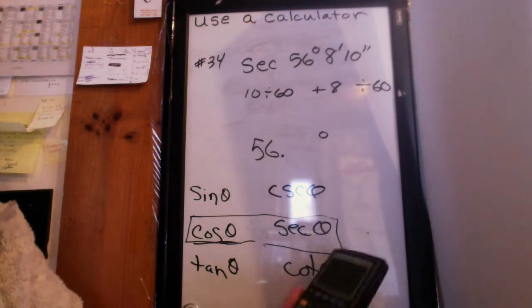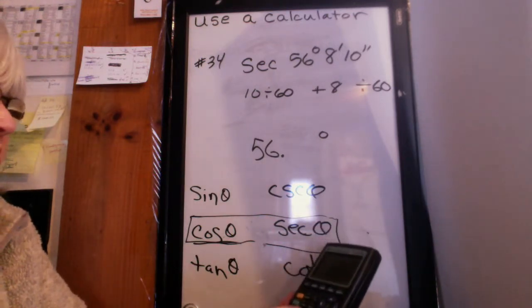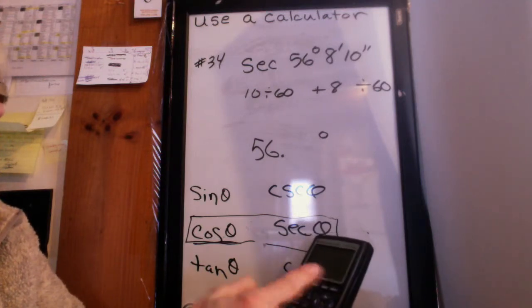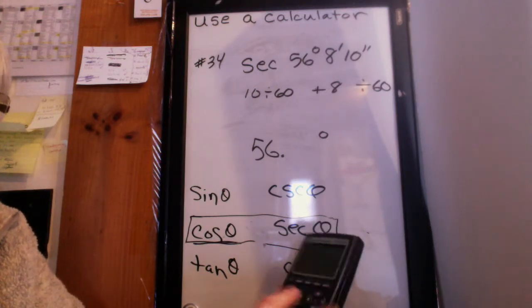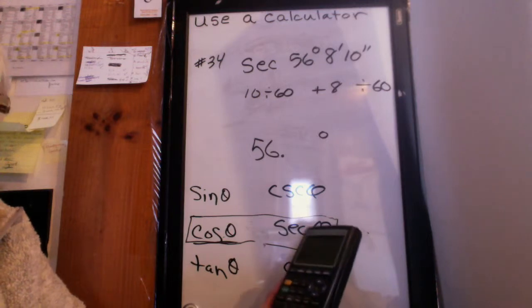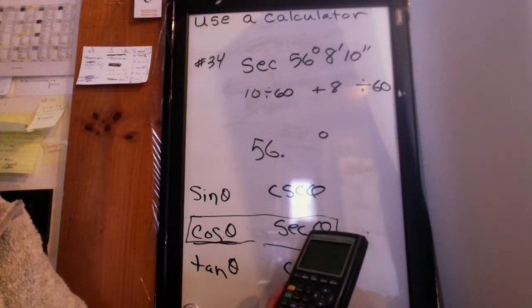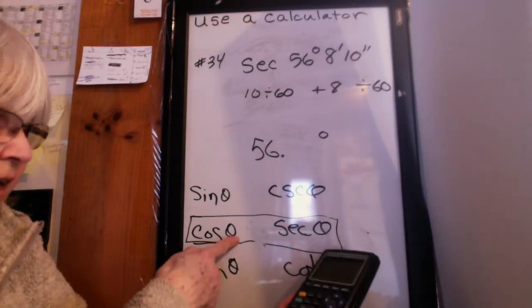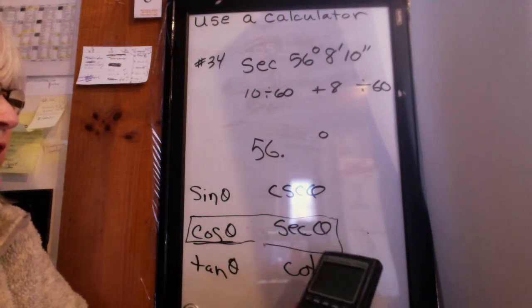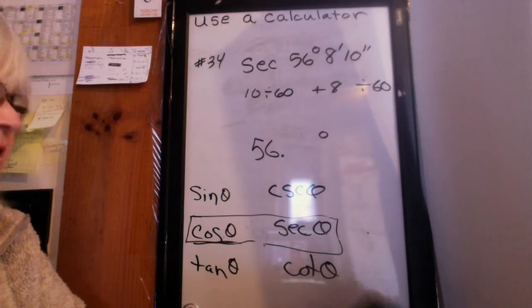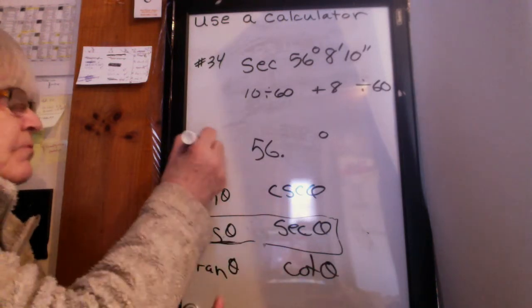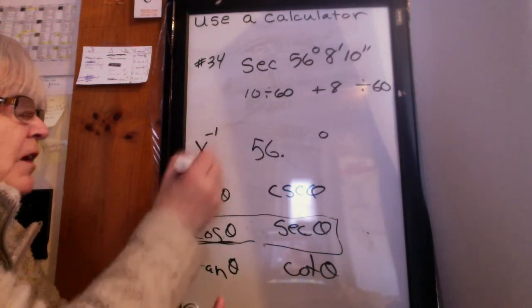So we're going to do cosine, and we've got this in our calculator, so cosine's second answer. And hit enter, you'll get your answer. But I don't want the cosine, I want the secant, so I have to take the reciprocal of that. There's a little button on your calculator that will do the reciprocal. It's the x-1 key.